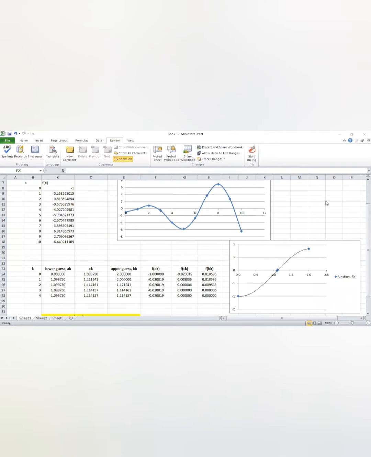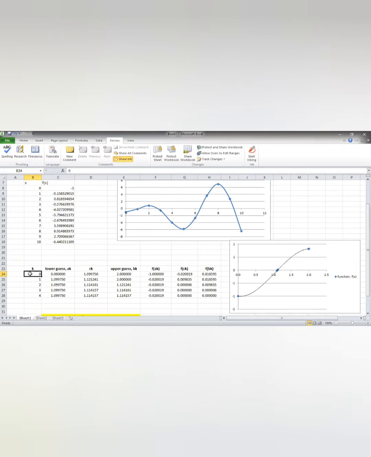So this is now the result of our solution in finding the root of the function between the 0 and 2 interval. This graph shows a bigger picture of the interval between 0 and 2.